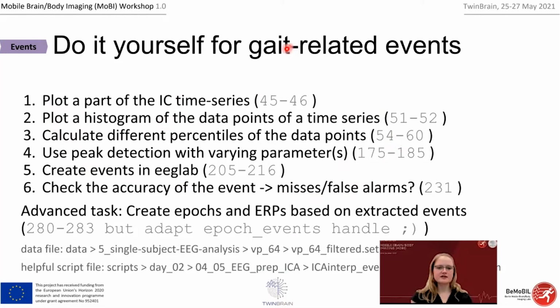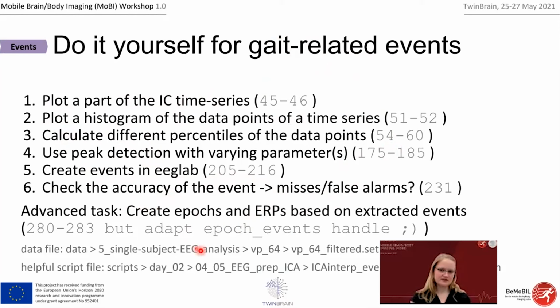You can use the gait-related component. For VP64, it's the IC19 I would recommend. And then you can go through that. But I guess it's better to do this as homework, and the slides are going to be uploaded.